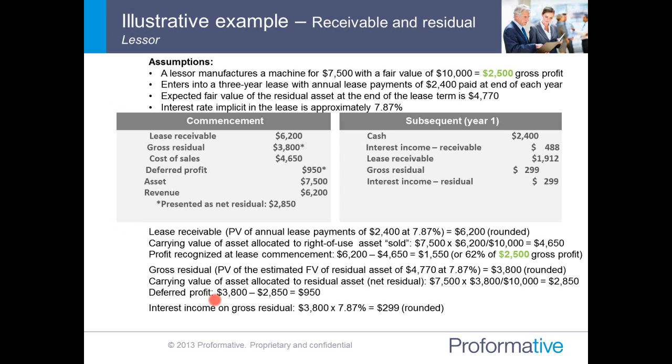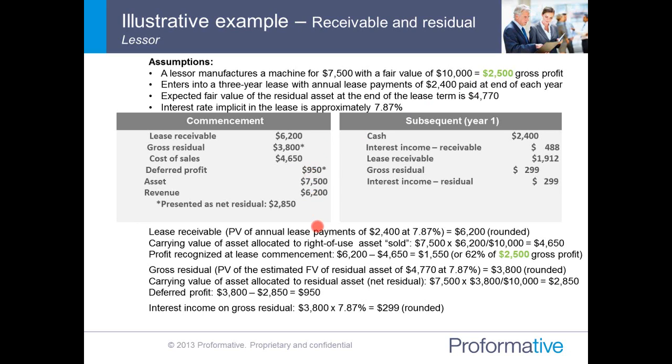Here's an example of a lessor lease that's a sales type lease, meaning it has a manufacturer or dealer's profit, and so a lease receivable is going to be recorded, and the profit on the lease that was $2,500 will be partially deferred based upon a ratio of the residual to the total fair value.